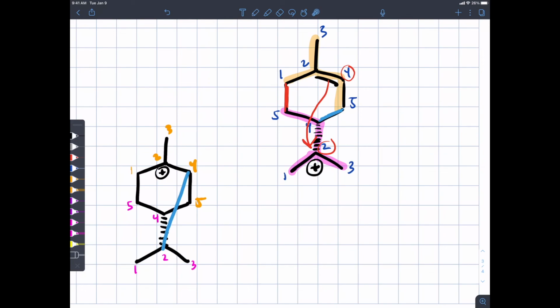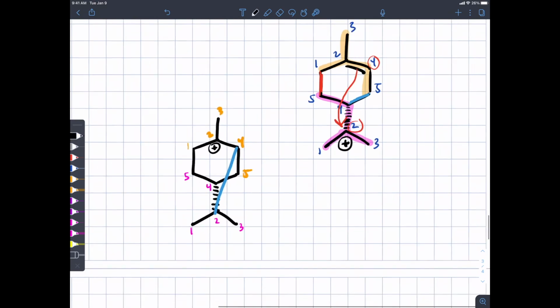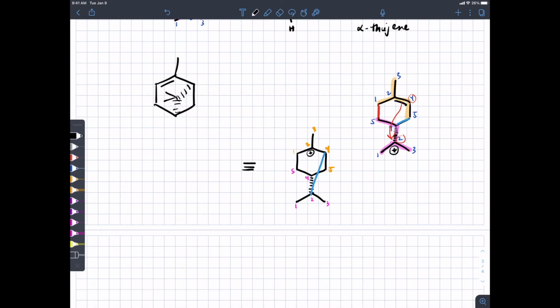If you're counting carbons that are bonded to each other, how many atoms would be in that ring? Well, I've got 1, 2, 3, and 4. So that's a 4-membered ring. And I could actually, if I wanted to, redraw this.